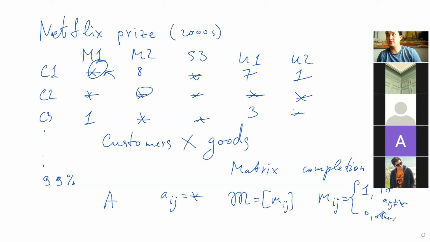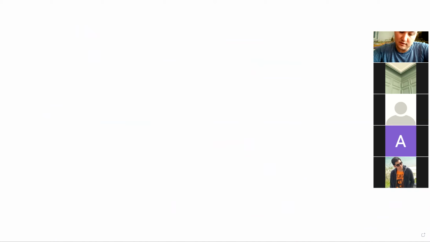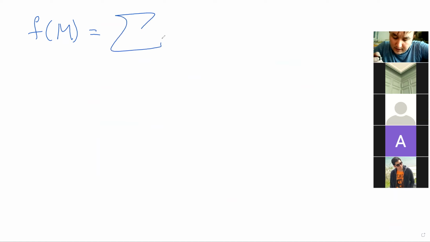So understood. This is just an indicator matrix that is equal to 1 only when the corresponding entry is defined. And then what kind of function can we minimize? We can minimize the following function f of M, which is equal to the sum over all entries ij.